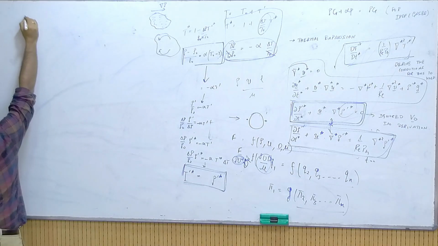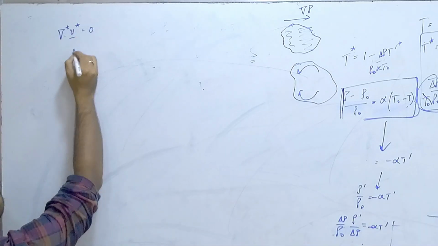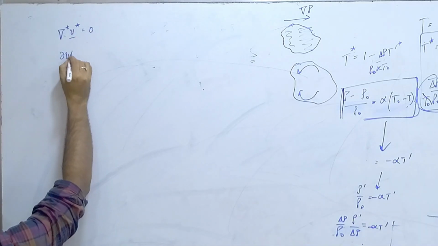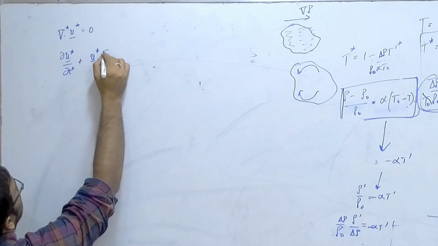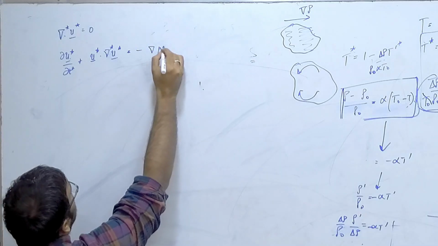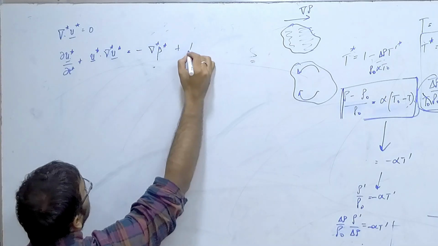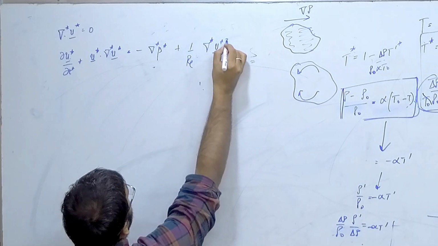So, going back to our dimensionless incompressible flow equations without any varying density, we have this. Okay.